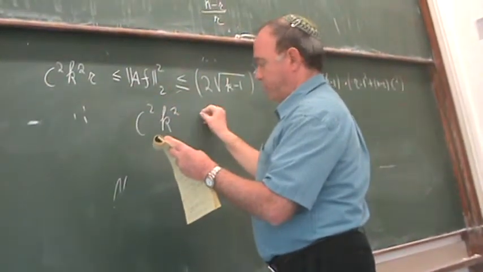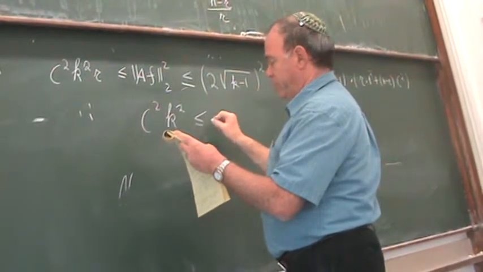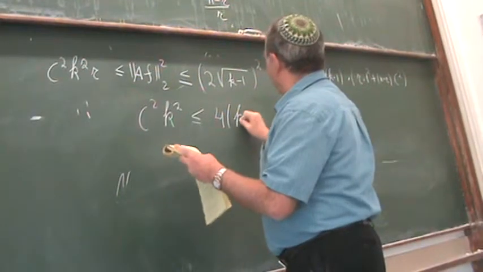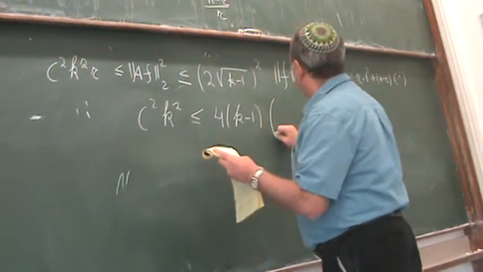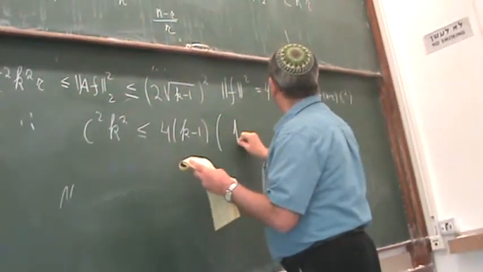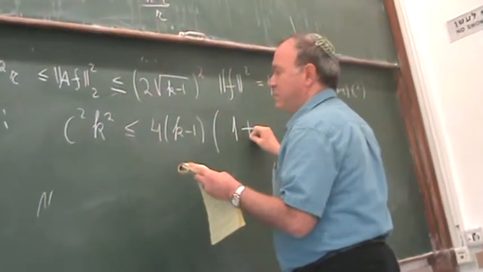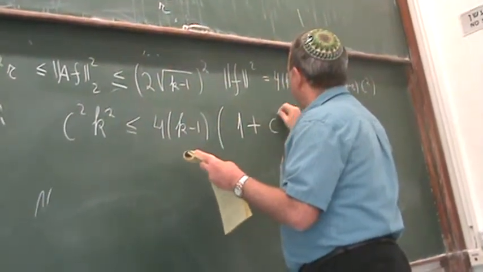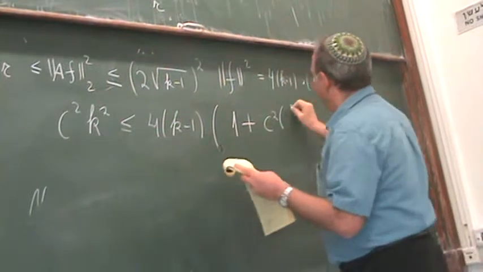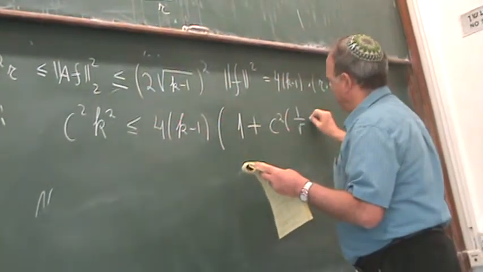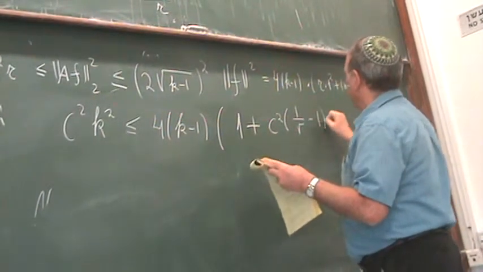K squared, what I have here is that this is 4(k minus 1) times 1 plus C squared times (1 over V minus 1).